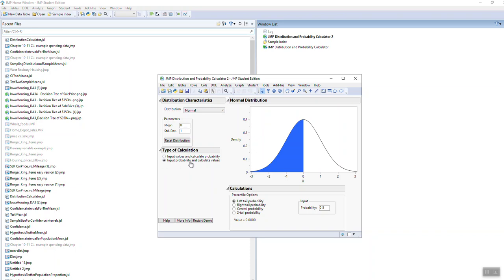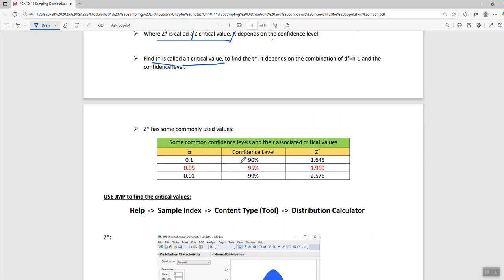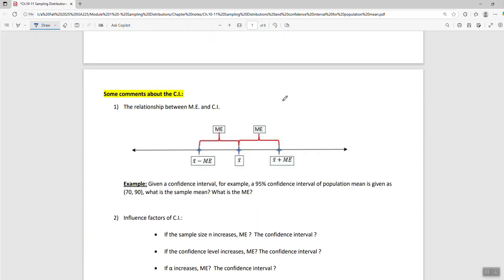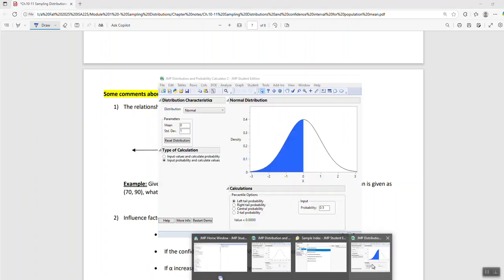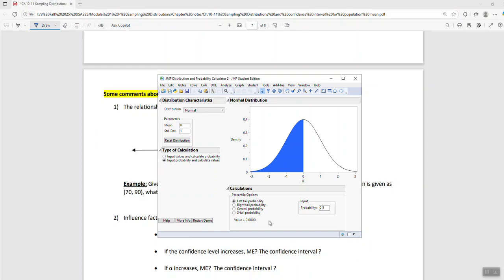But what is the input probability we want to input? What is the confidence? If we review a little bit about the confidence interval, it starts from the center and then goes to the other two ways so that we have something in the middle. This is the idea of the confidence interval. So the probability or the confidence level is actually the probability in the middle.